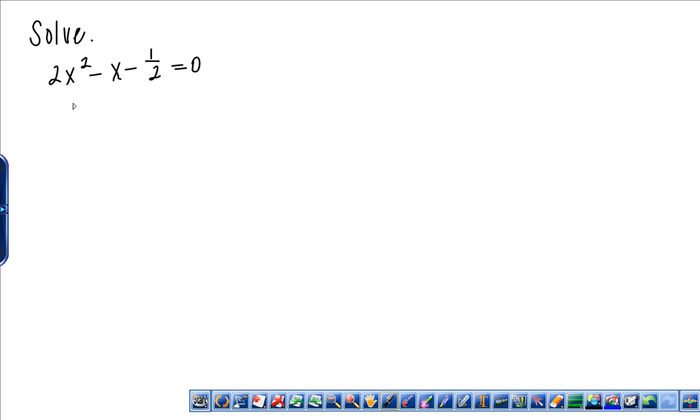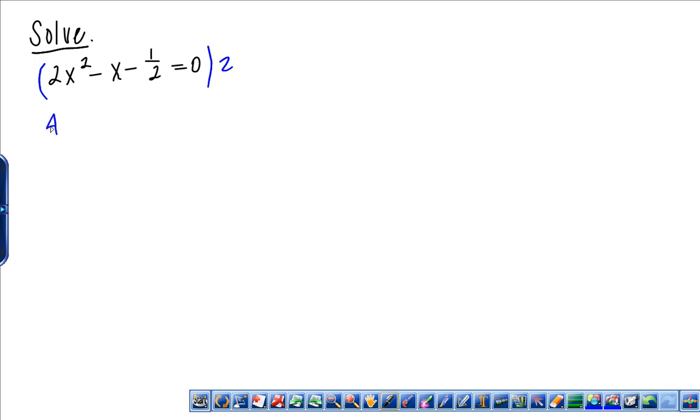So the first thing that I would look at in order to solve this quadratic is, can I factor this? And I think this is nasty, so I'd say 2 times 1/2, or negative 1/2. Can I get a negative 1 out of that? I don't think I can factor this, so I'm going to go with the quadratic formula. You could go ahead and plug these in as your A, your B, and your C, but I'm going to multiply this whole thing by 2 to make it a little bit easier.